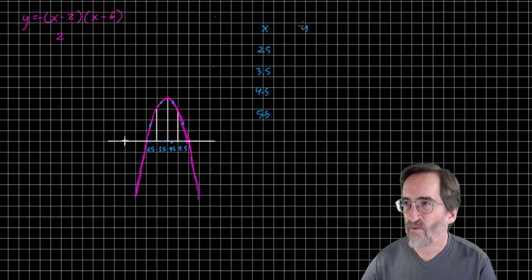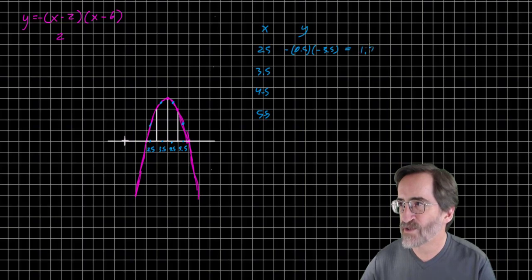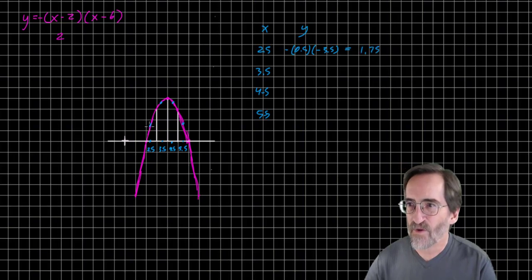So x: 2.5, 3.5, 4.5, 5.5. Okay? Y, 2.5 minus 2 is 0.5. 2.5 minus 6 is negative 3.5. Negative is positive. Half of 3.5 is 1.5, and 0.25, 1.75. So the height of this rectangle is 1.75.